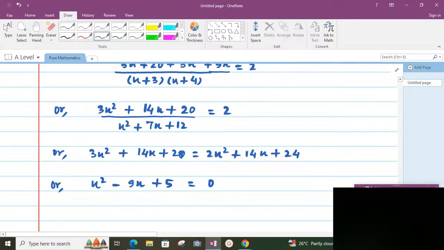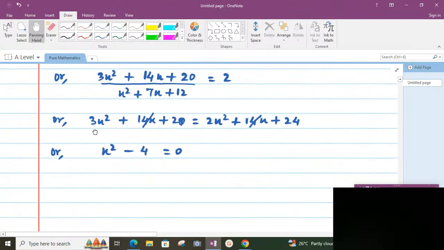So 14x cancelled out, then we get the next step here 3x square minus 2x square equal to x square, and plus 20 minus 24 equal to minus 4 equal to 0.